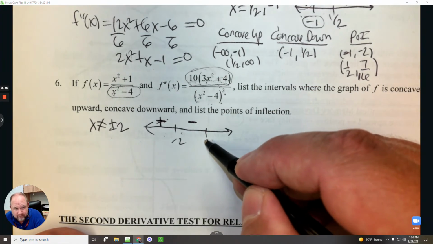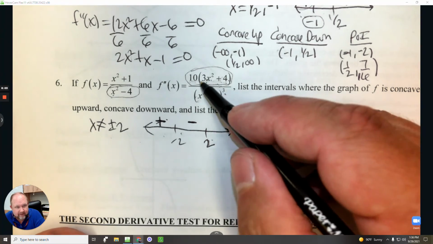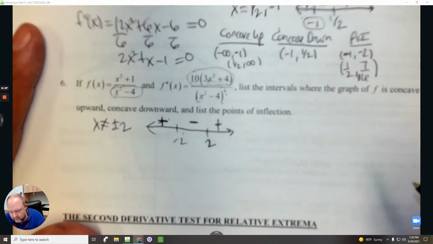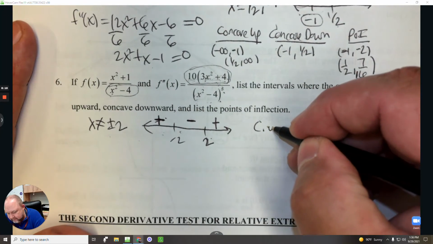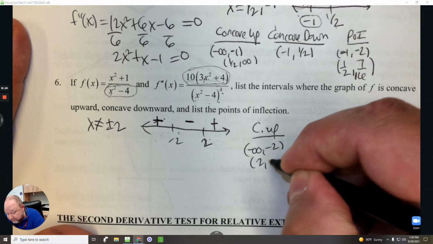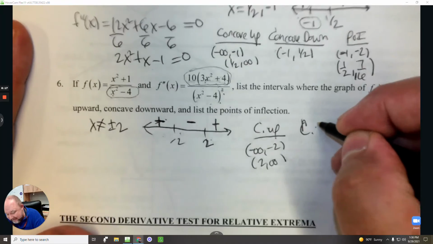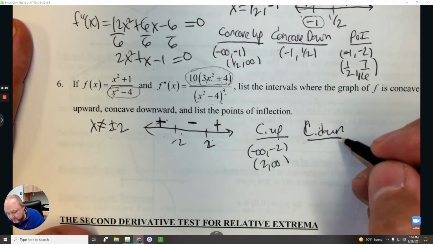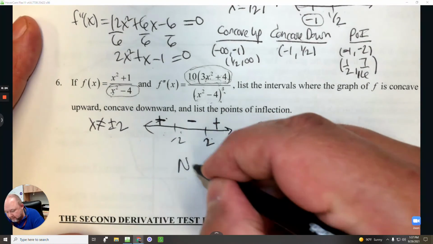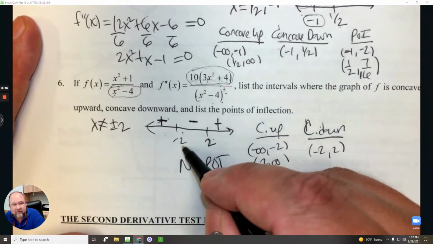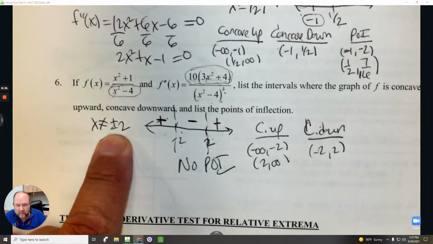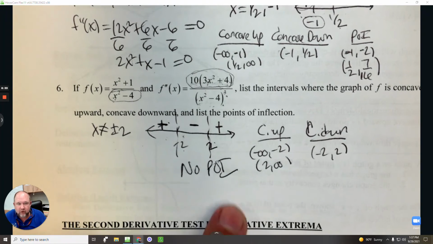And if you plug in a number bigger than 2, like 3, it's a positive divided by a positive, which is positive. So we just learned that it's concave up from negative infinity to negative 2, and from 2 to infinity. It's concave down from negative 2 to 2. Done. And there are no points of inflection because the concavity changes at asymptotes, at the restrictions. What x cannot equal cannot be a point. So there are no points of inflection.